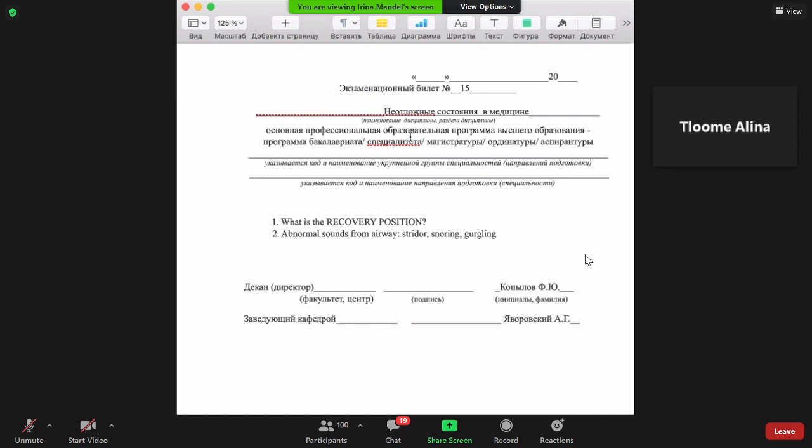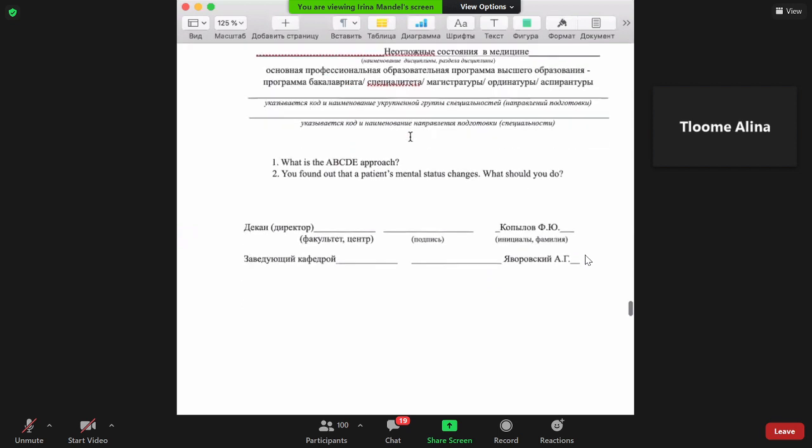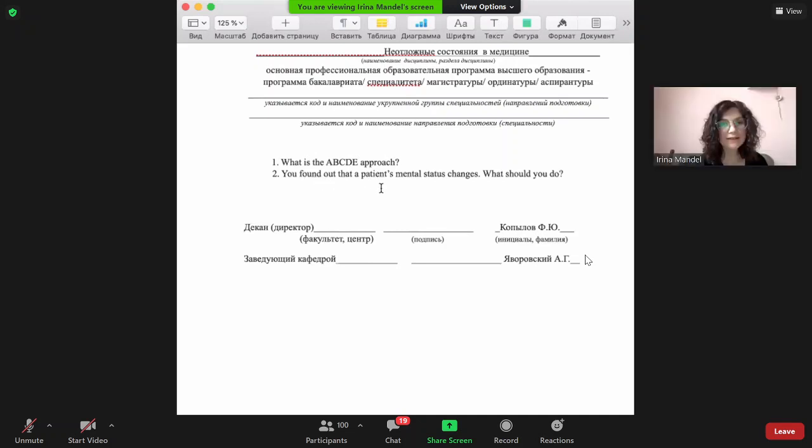Can we do 16 and 21 also? 16. What is ABCD approach? You know? No. The second one, of course. You found out that a patient's mental status changed. What should you do?